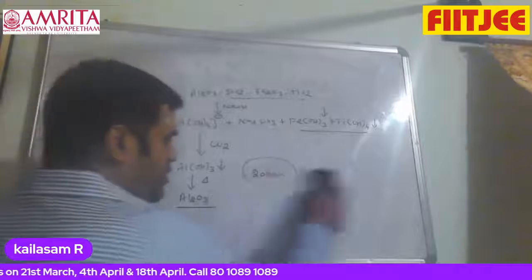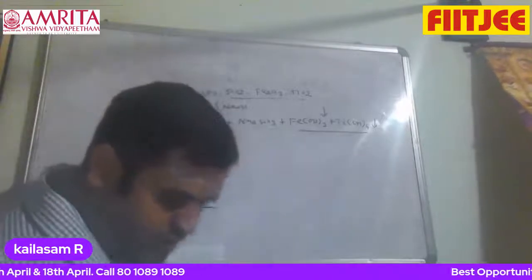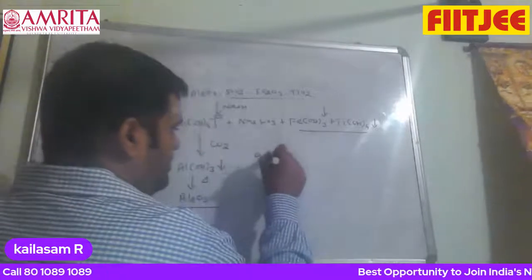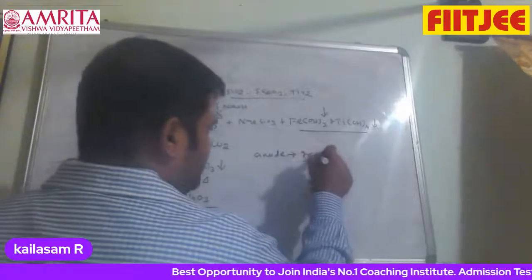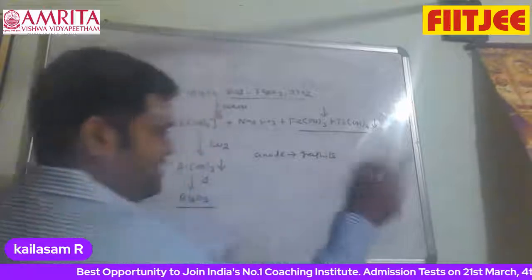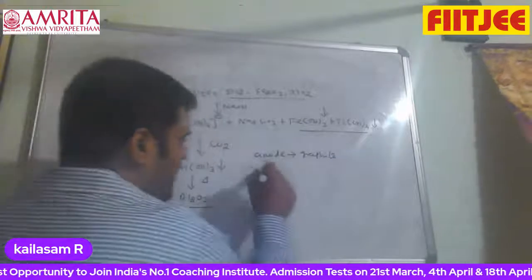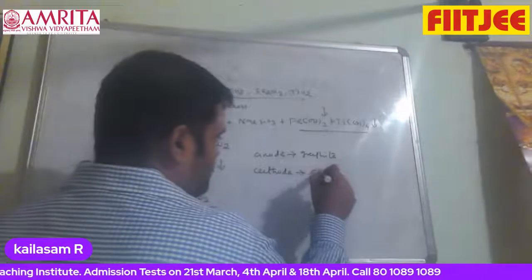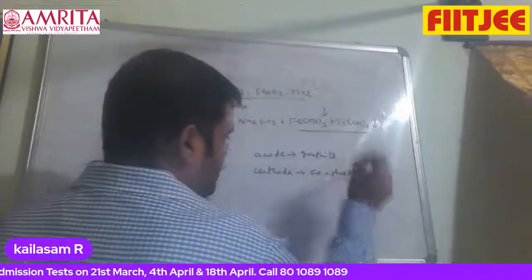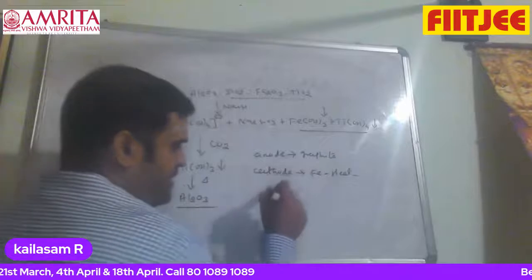That's called Hall's process. They use the anode as graphite, or a carbon rod, and the cathode is iron steel. Now what will happen?